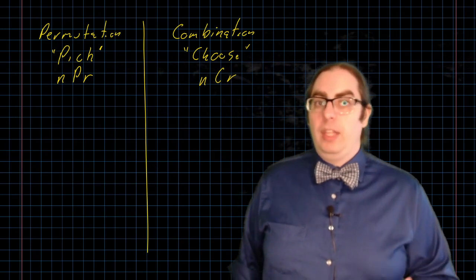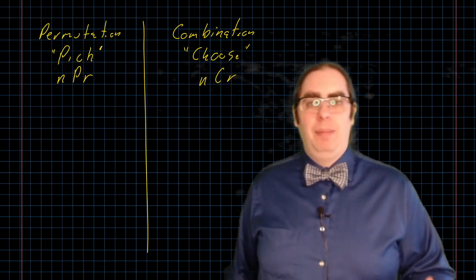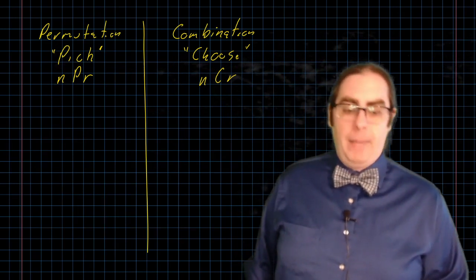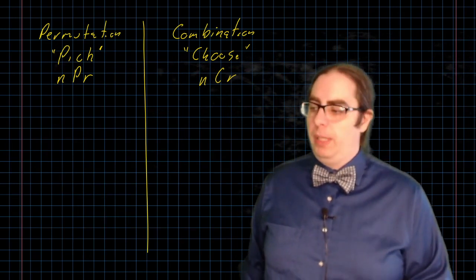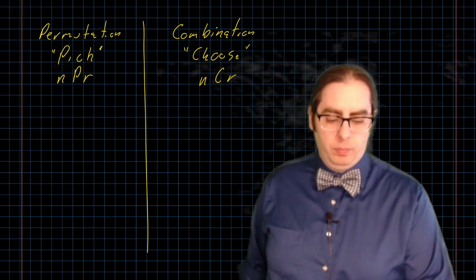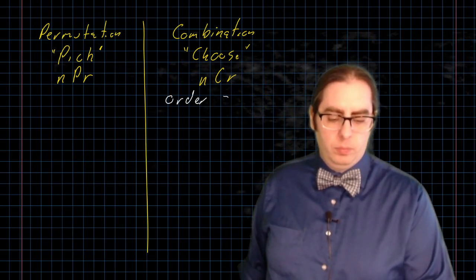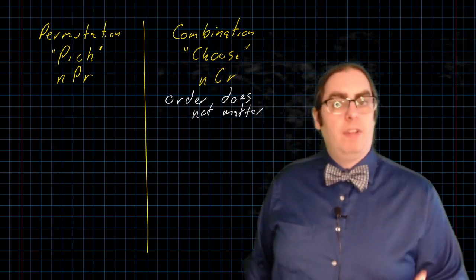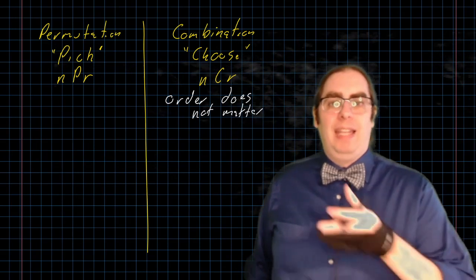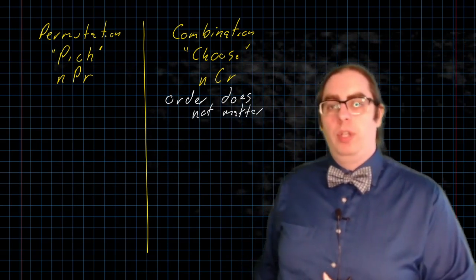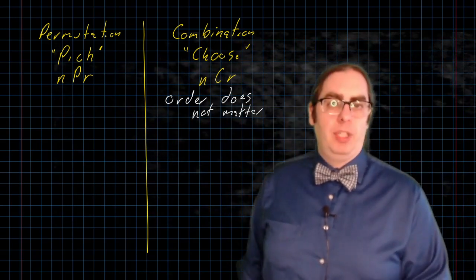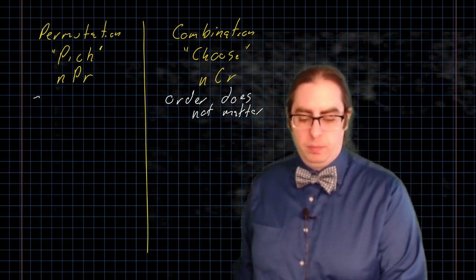So when everything you select gets the same behavior, we say that the order does not matter. That's the combination or choose function. When everything that you select gets a different result, that's where we say order does matter, and that's the permutation or pick function.